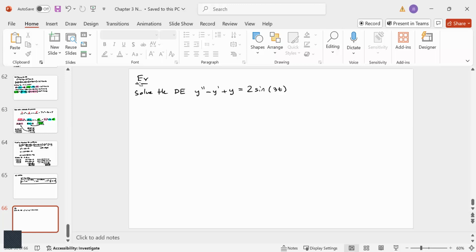So step 1, formula. Step 2, solve for yc. That equal to 0. So r squared minus r plus 1 equals 0.